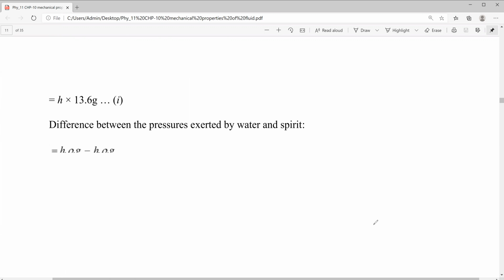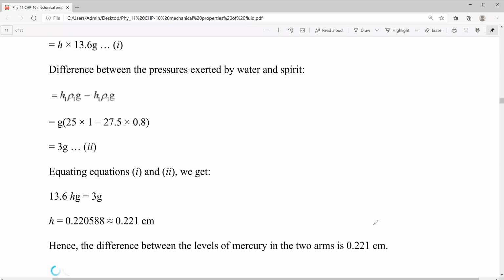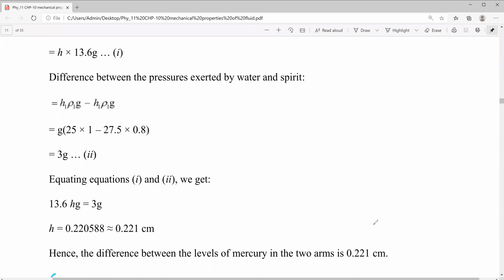So by using that, we need to write the formula and we are taking the difference of those two. So how we are writing? First, by using rho G H, where G is acceleration due to gravity and rho is the density. So that is substituted. Let us consider this one as equation 1.